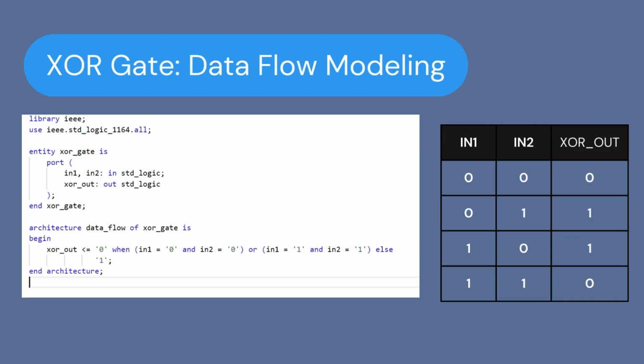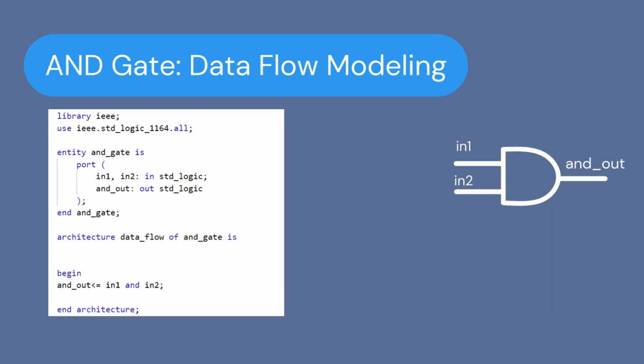So let's first examine how we would model the XOR gate. When we use the data flow architecture to model the XOR gate, we use the conditional concurrent statement when to set the output to 1 or 0 depending on the inputs. In the AND gate, we also use concurrent statements to model the AND gate within the data flow type of architecture.